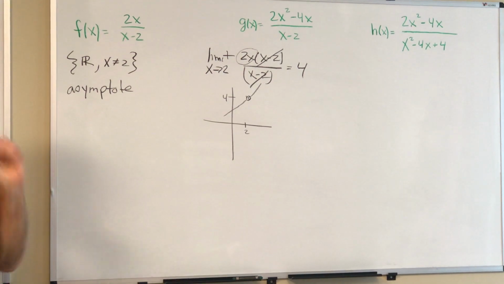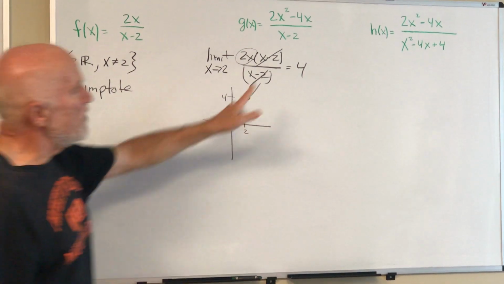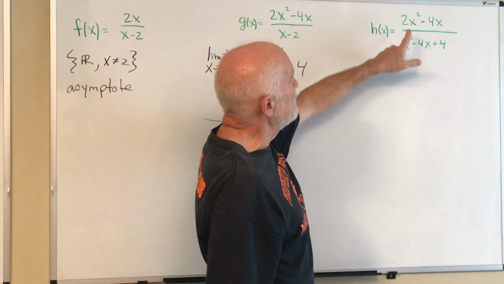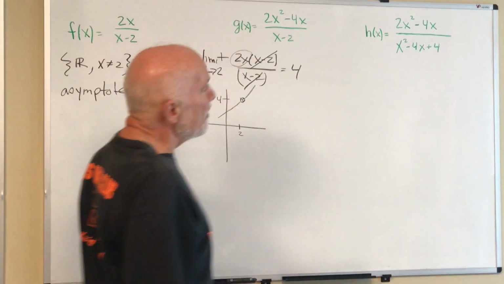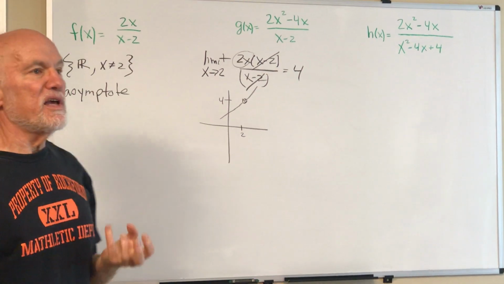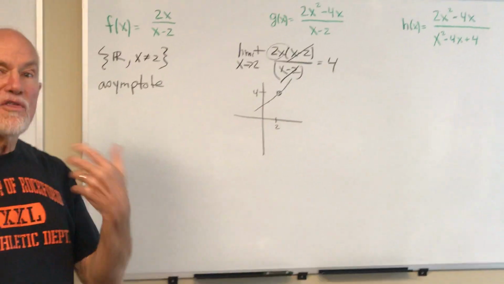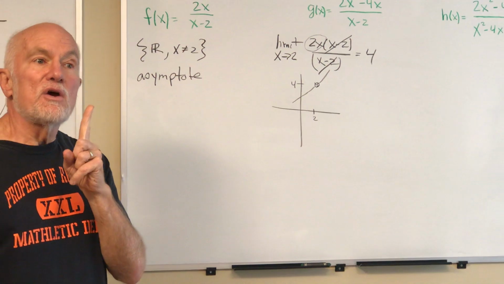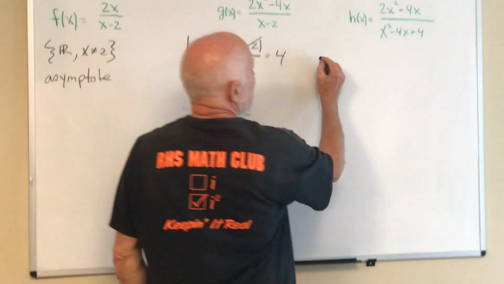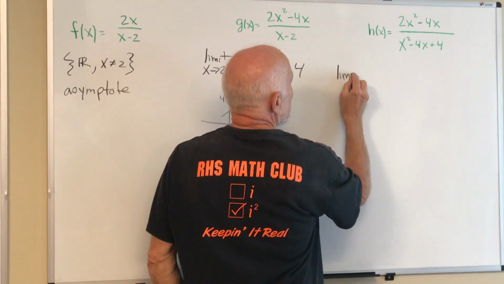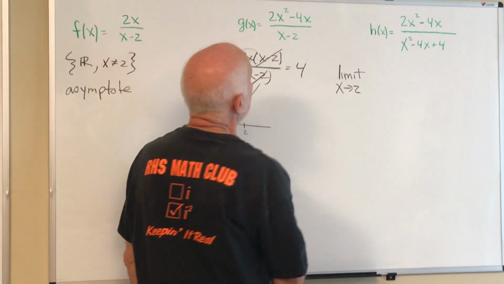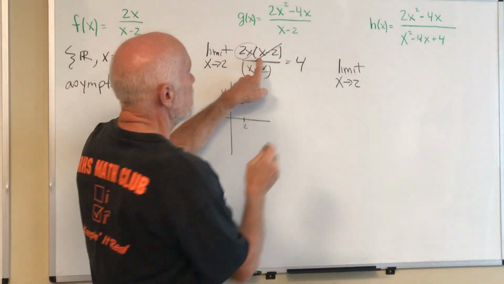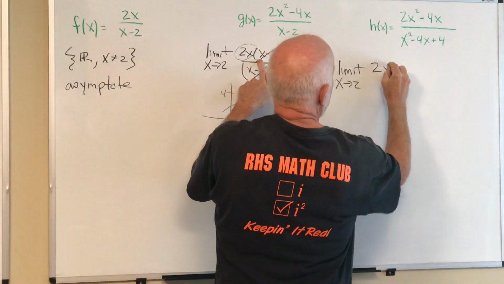Well, let's try one more. On this one, if I plug in 2 to the numerator and 2 to the denominator, I also get 0 over 0. And your first thought might be, oh, we have another hole. But we should try it. Let's see what happens. What's the limit as x approaches 2? Well, we've already factored the numerator before.